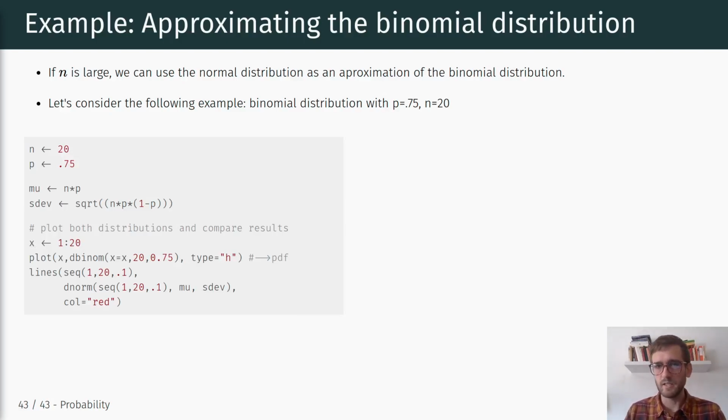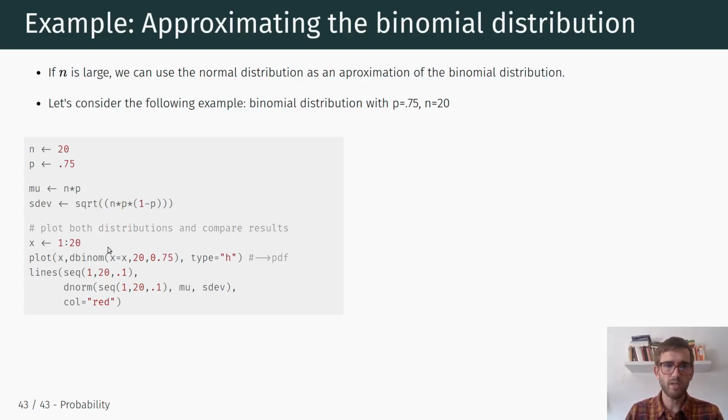Based on that, we can compute the mean, which, if you go back to that video, the expectation of a binomial is just n times p, so that's 20 times 0.75, and the standard deviation of that binomial is the square root of n times p times 1 minus p, okay?